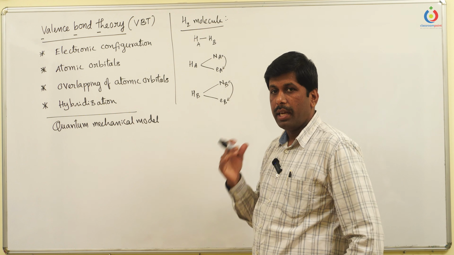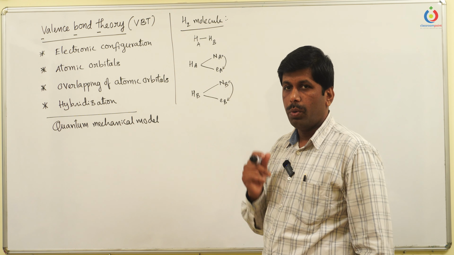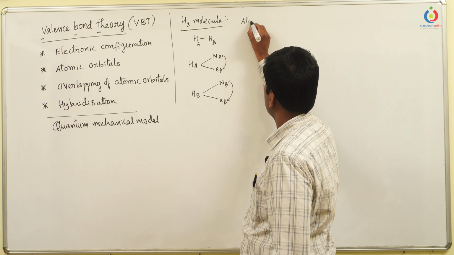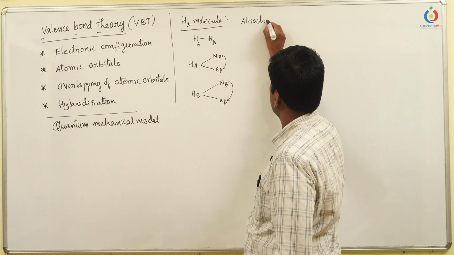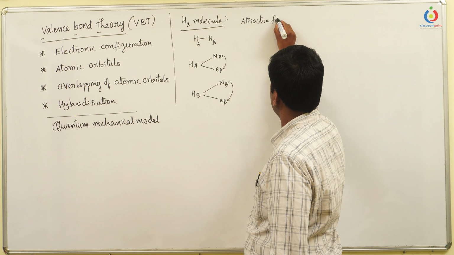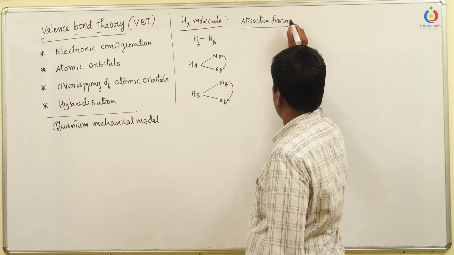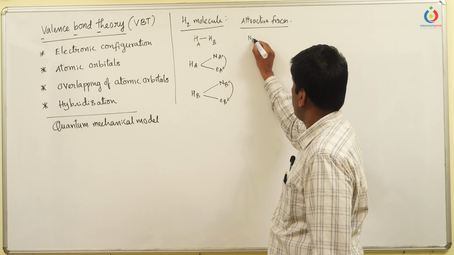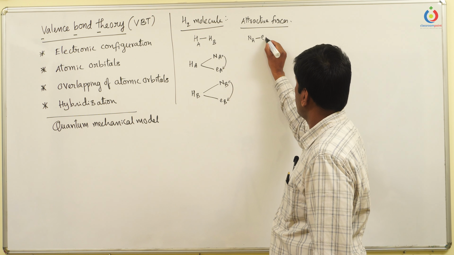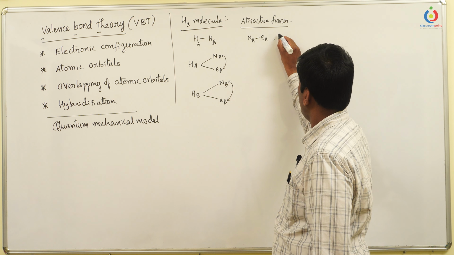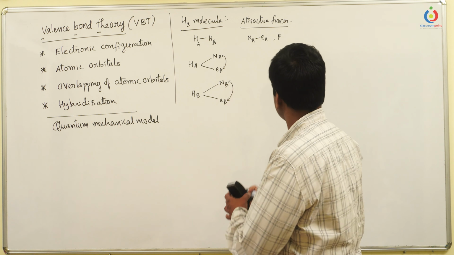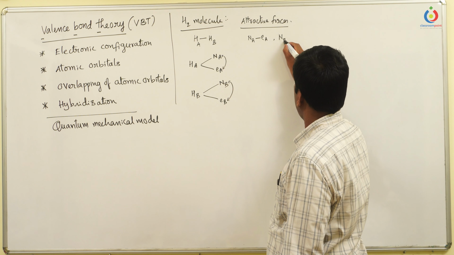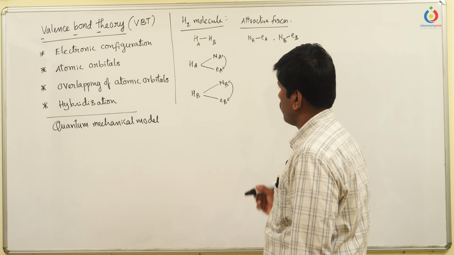So basically, in independent hydrogen atoms, two attractive forces are present. Let us write down the attractive forces: the nucleus of the A atom with its own electron, as well as the nucleus of the B hydrogen atom with its own electron.